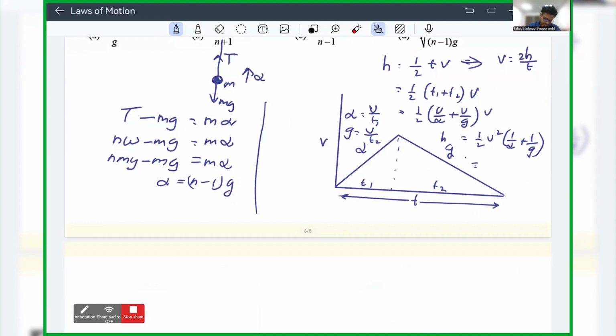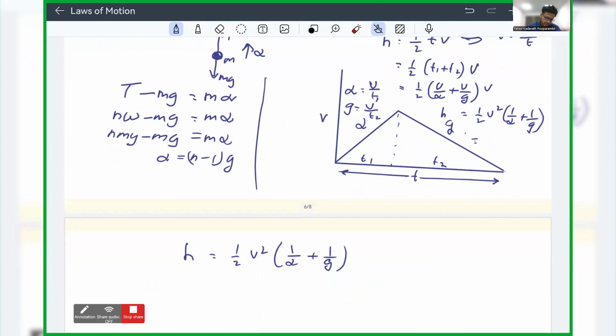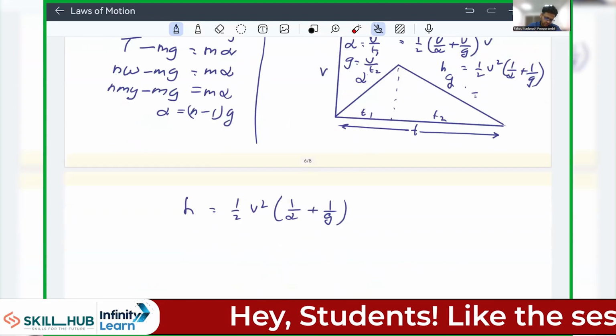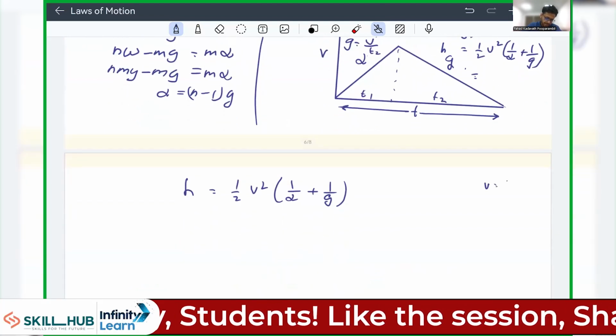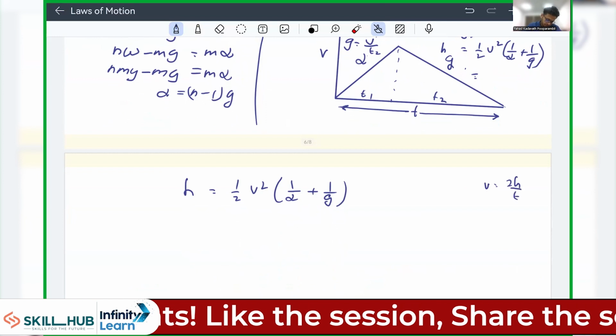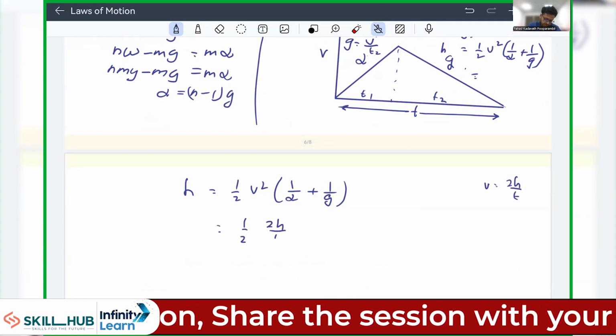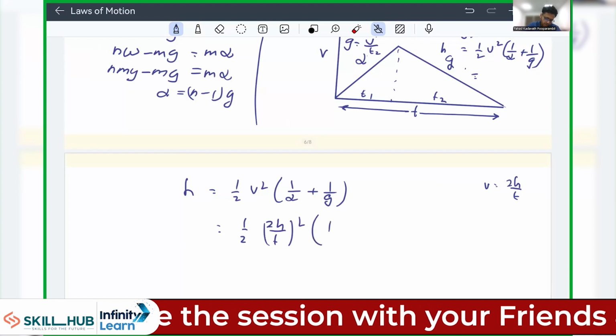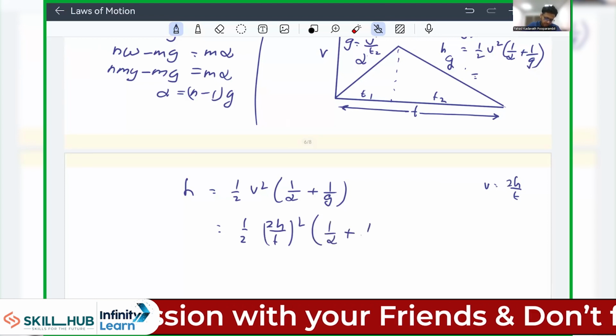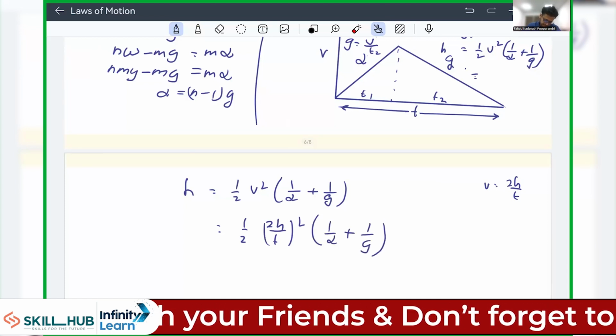We have h equal to half v square times 1 over alpha plus 1 over g, and with v as 2h over t, we substitute: half into 1 over alpha plus 1 over g.